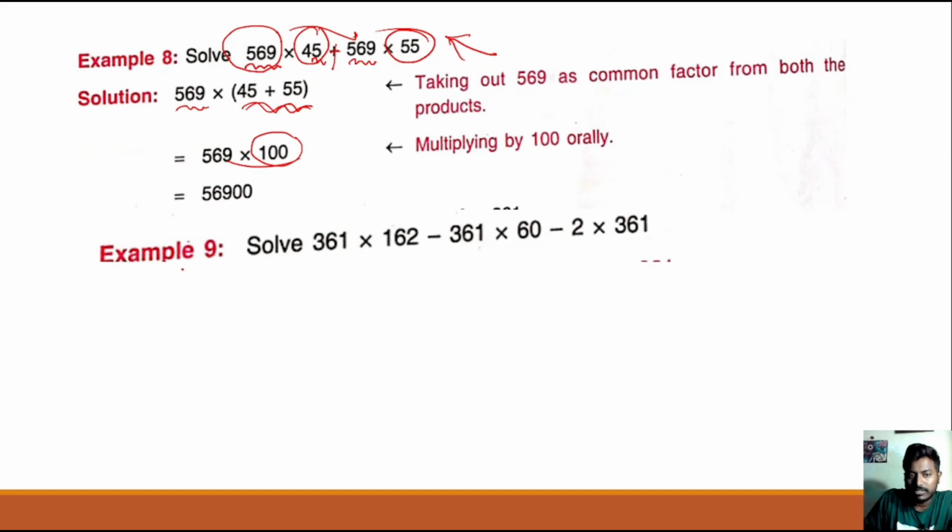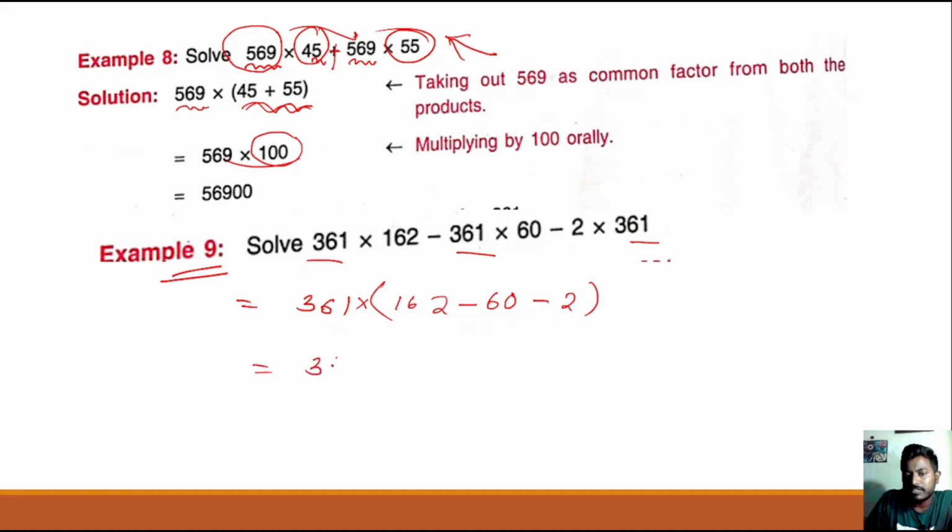Clear? Similarly, work out example 9. Here we take 361 as common, because 361 is on all sides. Then bracket, here is 162 minus 60 minus 2.